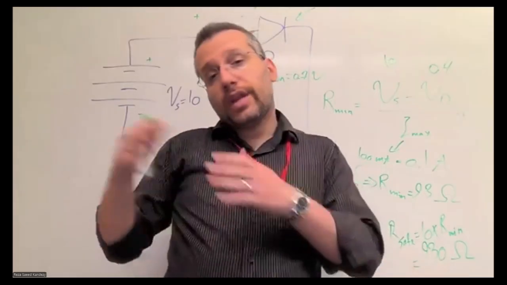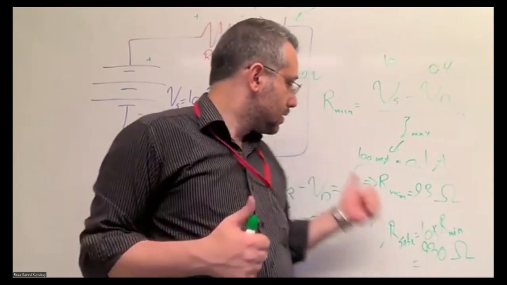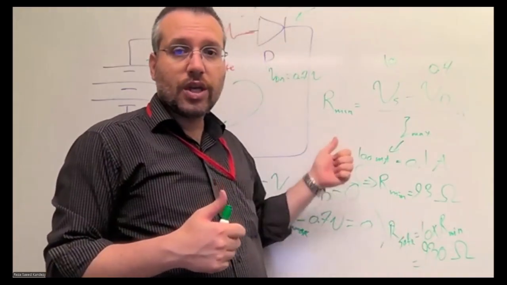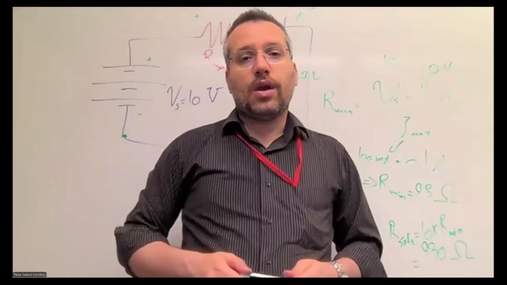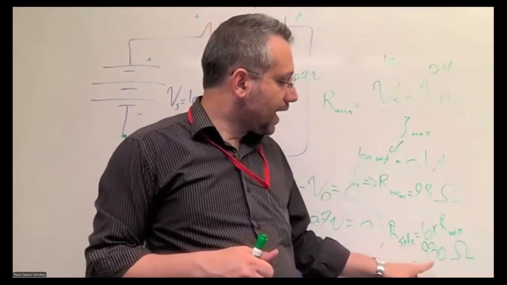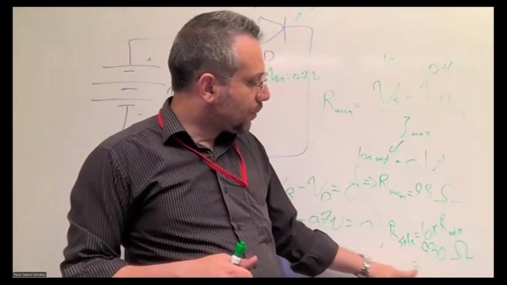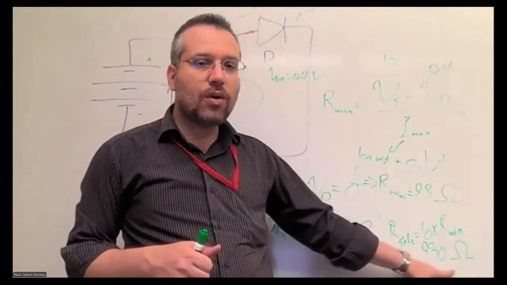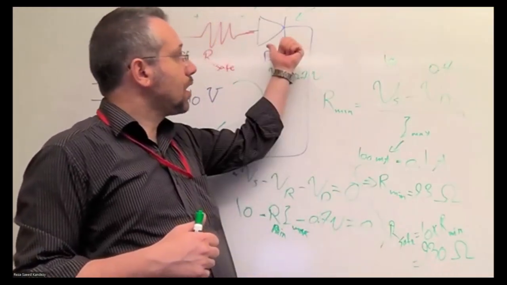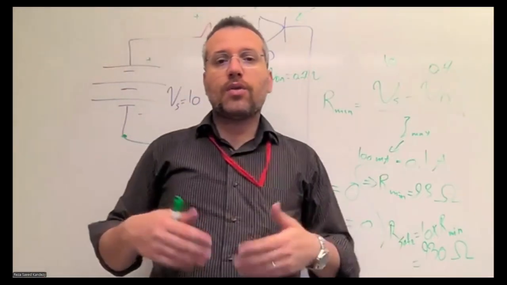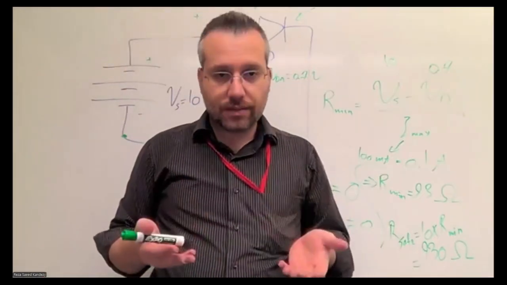Okay, in the next step, we are going to simulate the same circuit to see what the value of the current is if we have approximately this amount, like 1 kilo ohm of resistance in series with the diode, and what amount of current we are going to get.